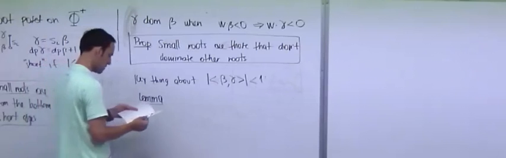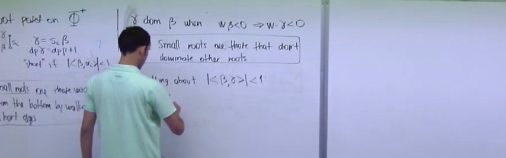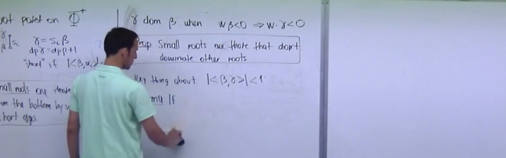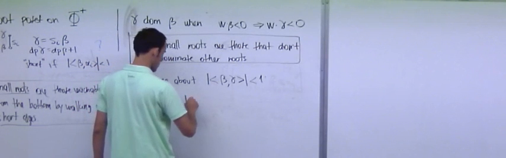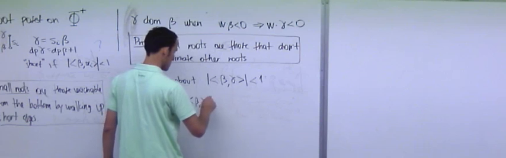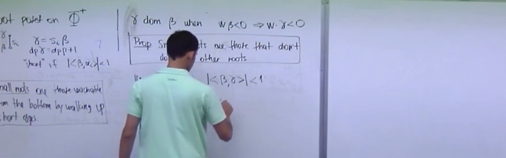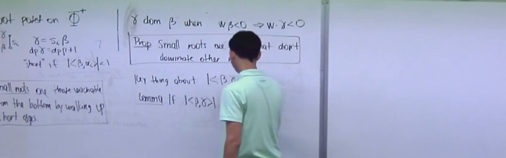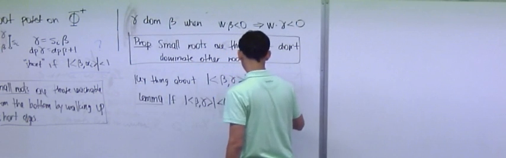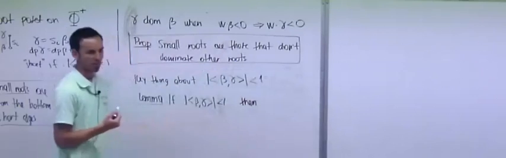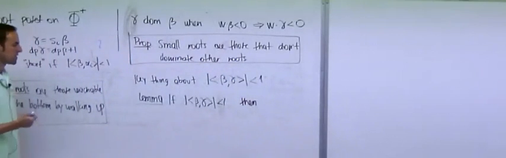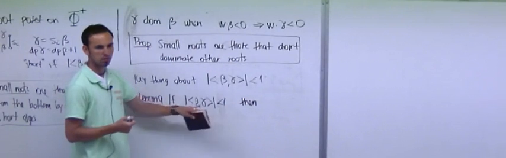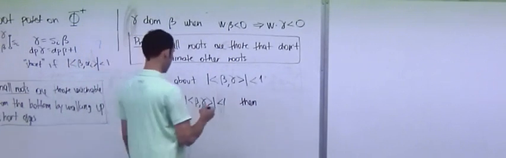It says, if the inner product of two roots is between 1 and -1, so that's a geometric fact, then that translates into a fact about the group, which is that the subgroup generated by the corresponding two guys is a finite dihedral group.